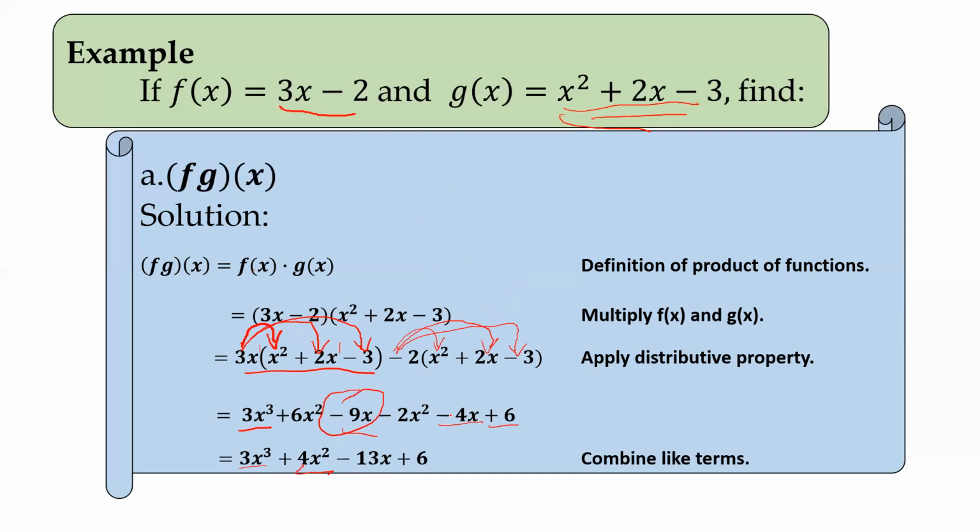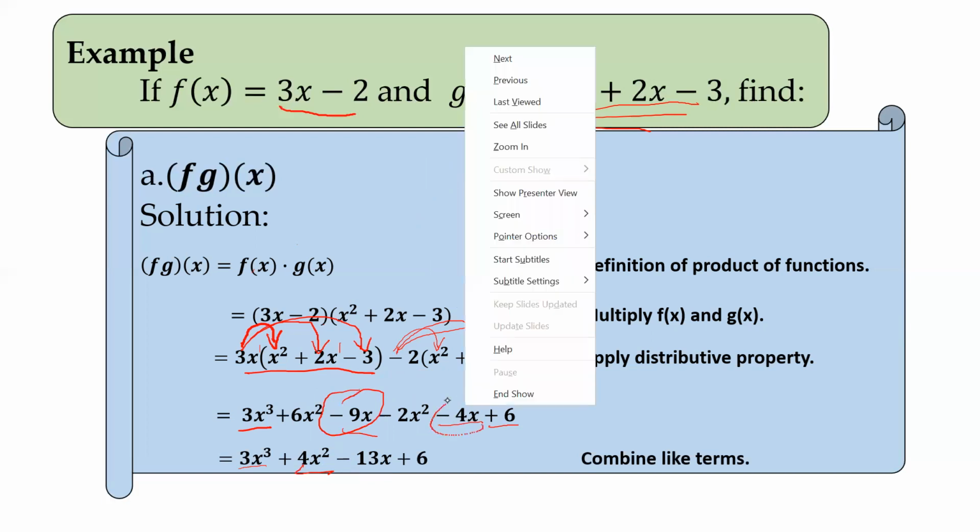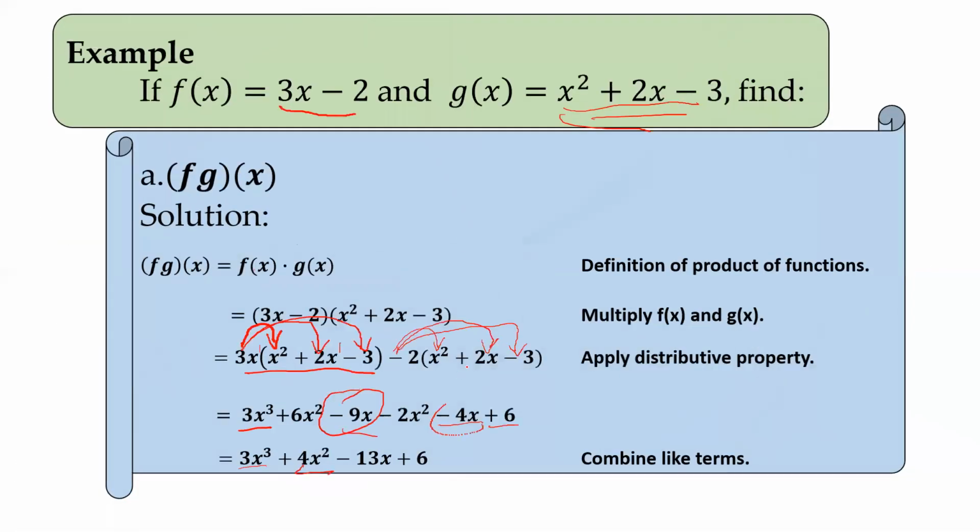Okay, what about the negative 9, can be combined with negative 4. So, negative 9x plus negative 4x. So, the same sign sila, negative, negative. So, bring down x lang.